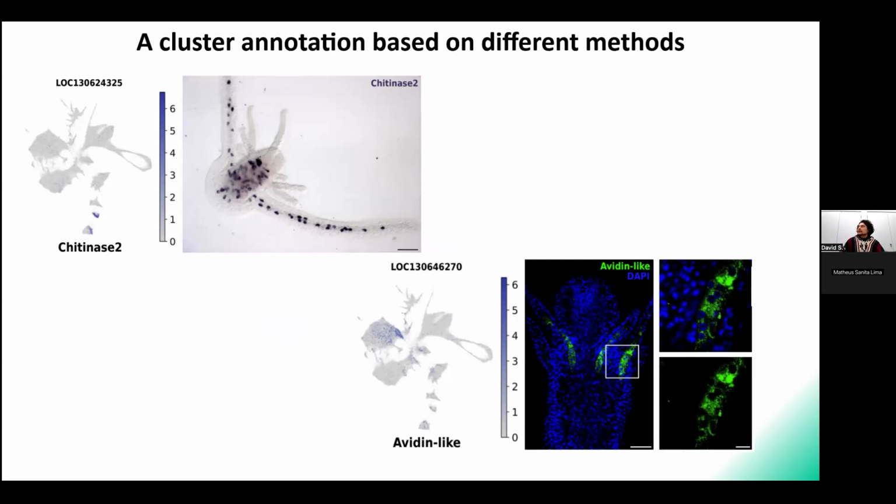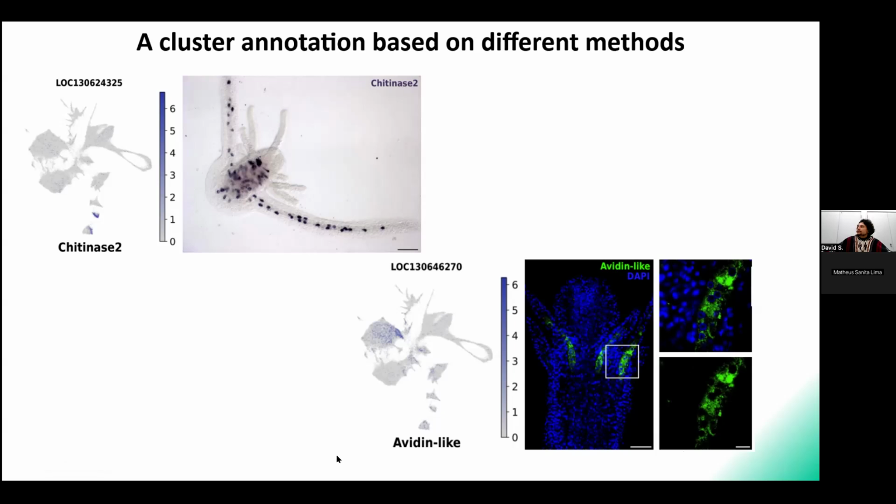So we did several, like here we have the chitinase 2 positive cells. There is a cell type that is specific to glands, and there are digestive and mucosal.